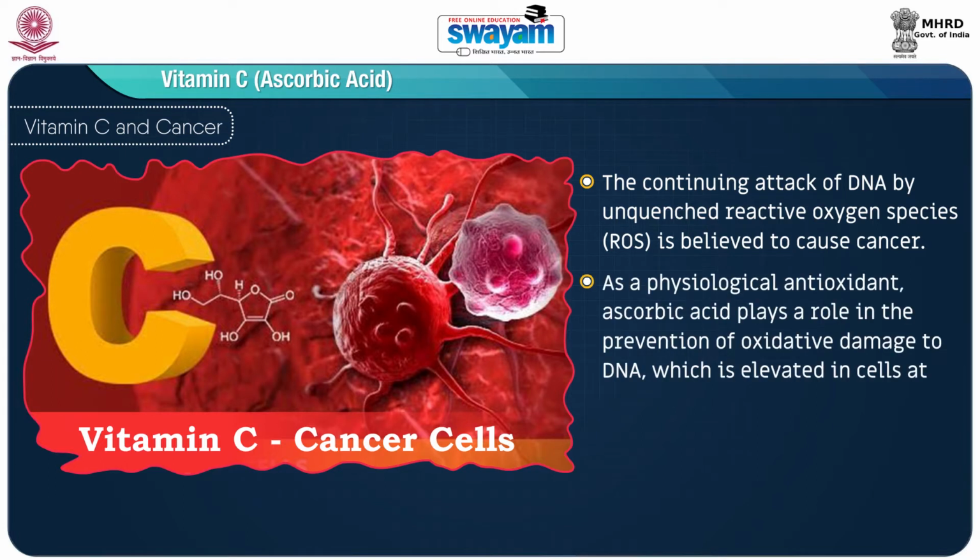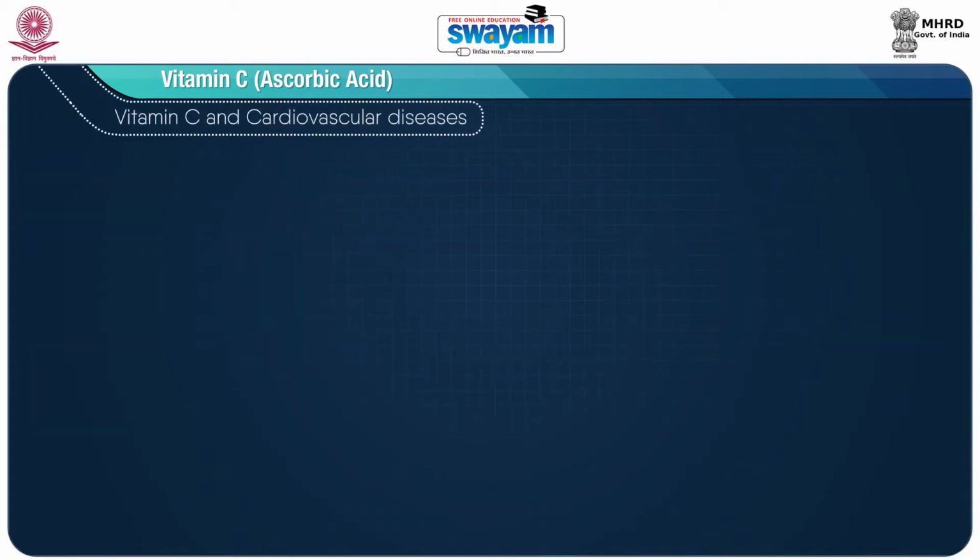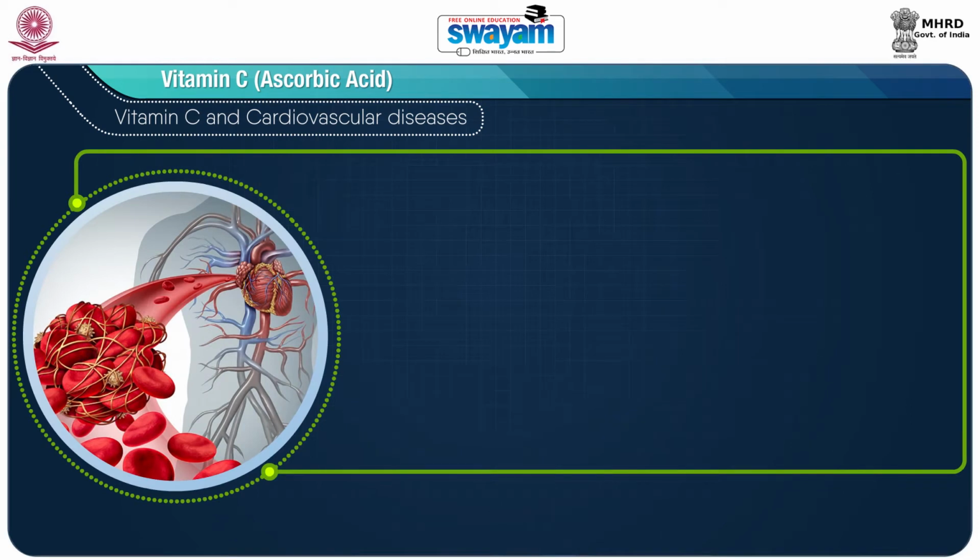As a physiological antioxidant, ascorbic acid plays a role in the prevention of oxidative damage to DNA, which is elevated in cells at sites of chronic inflammation and in many pre-neoplastic lesions.